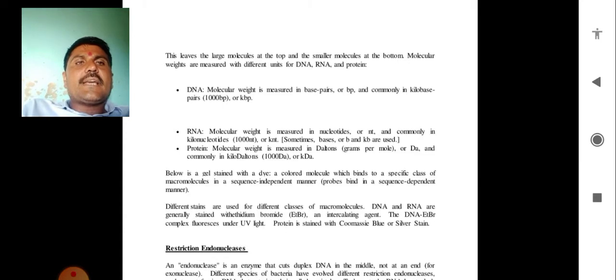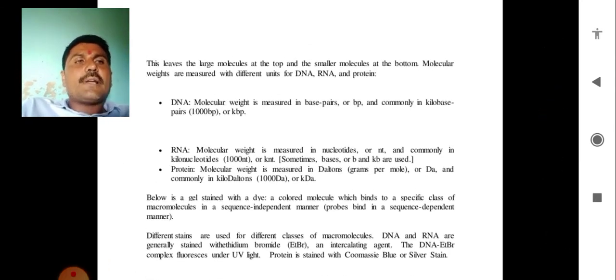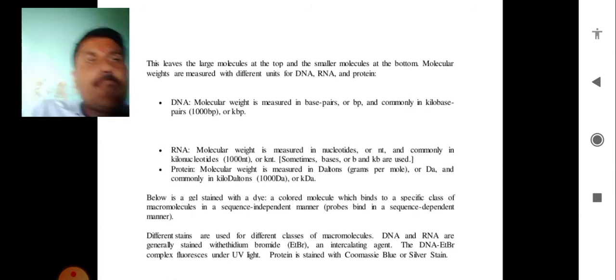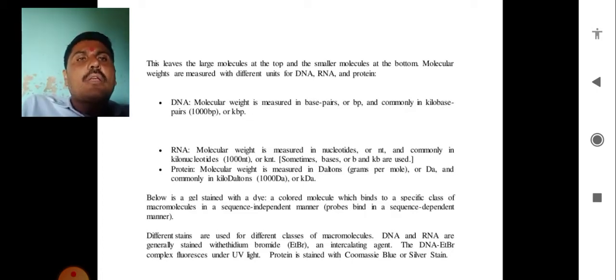Now DNA. Molecular weight is measured in base pairs, or in short form BP, and commonly in kilo base pairs, so 1000 base pairs, or kb. This is regarding the DNA. We measure the molecular weight in base pairs. Now RNA. Molecular weight is measured in nucleotides and commonly in kilonucleotides, that is 1000 NT or KNT.